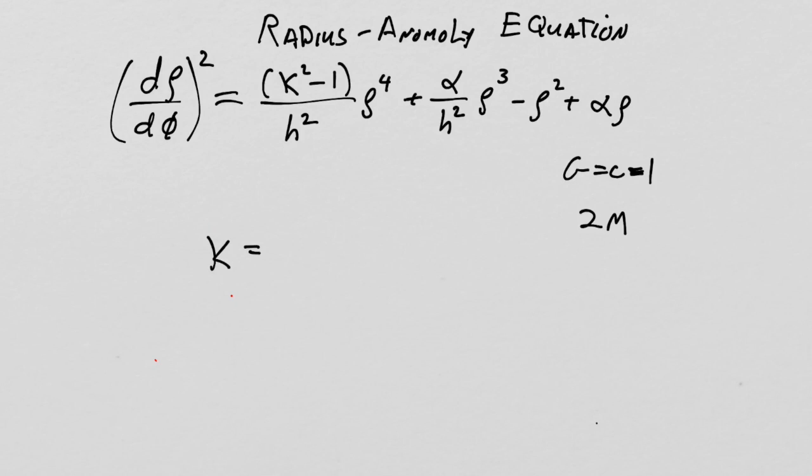Kappa was the constant of the motion that was dt d tau times 1 minus alpha over rho. So that's dimensionless, and therefore the numerator is dimensionless, so that's squared. And then angles are dimensionless, and the numerator here is rho, and the whole thing is squared, so it's distance squared. So the units are good.